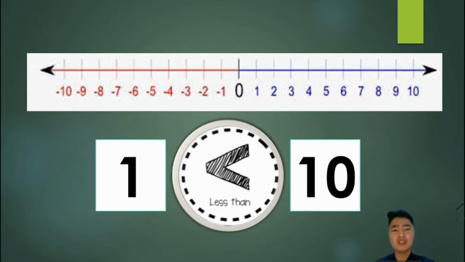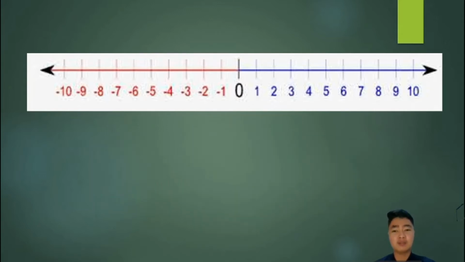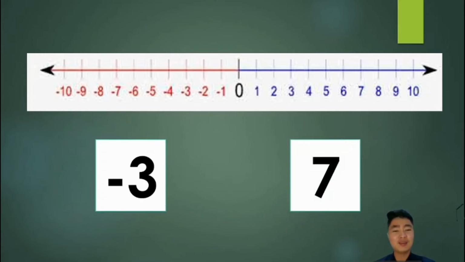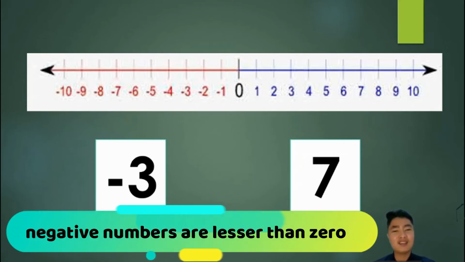But what if these are signed numbers? Say for instance, we have this example. We have negative 3 and positive 7. Wait, so how do we compare these then? To compare these, just remember that all the negative numbers are lesser than 0.